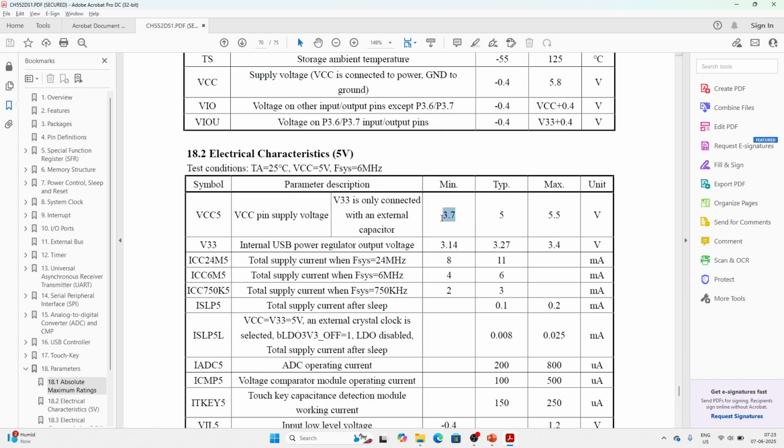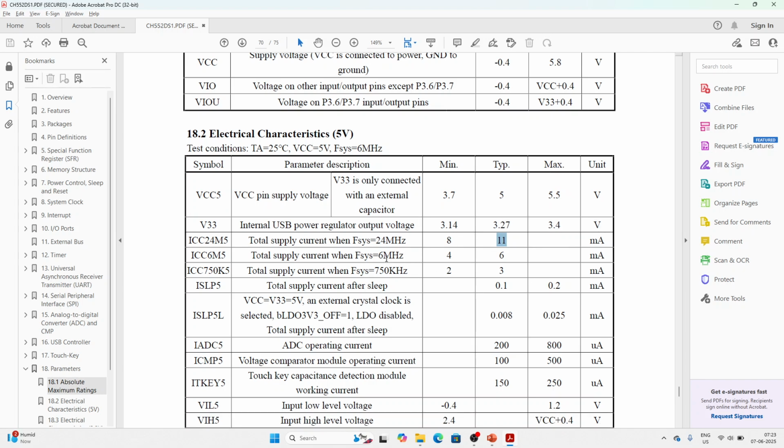If it is working at 3.7 volts, or at 5 volts, it will consume a minimum of 11 milliamps, right? Similarly, we have measurements for different kilohertz, right? If it is in sleep mode, then it consumes 0.1 to 0.2 milliamps of current. Let's say all this is for the internal clock.